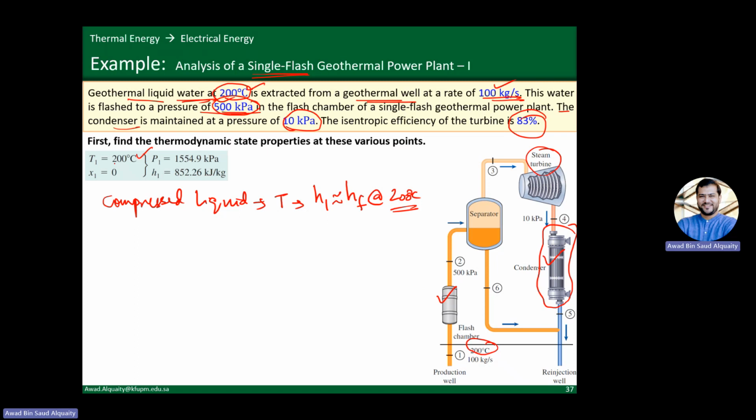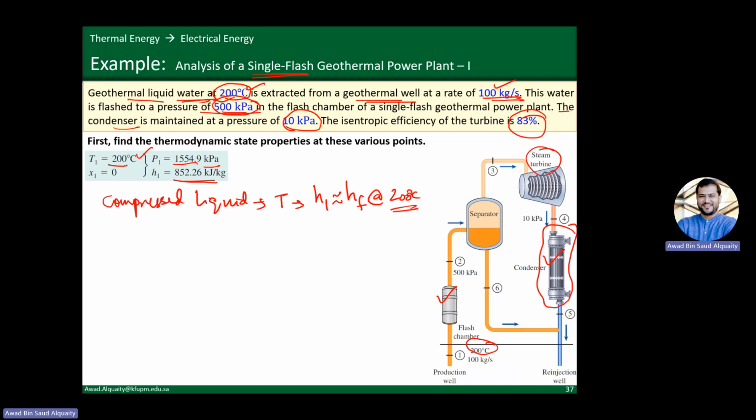Using this temperature, we can get the enthalpy of saturated liquid, which comes out to be 852.26 kilojoule per kilogram. This enthalpy would be very similar to the enthalpy for the actual geothermal water that we're extracting. At this condition, the pressure is 1554.9 kilopascal. This is the minimum pressure that you can expect to have at 200 degrees Celsius.